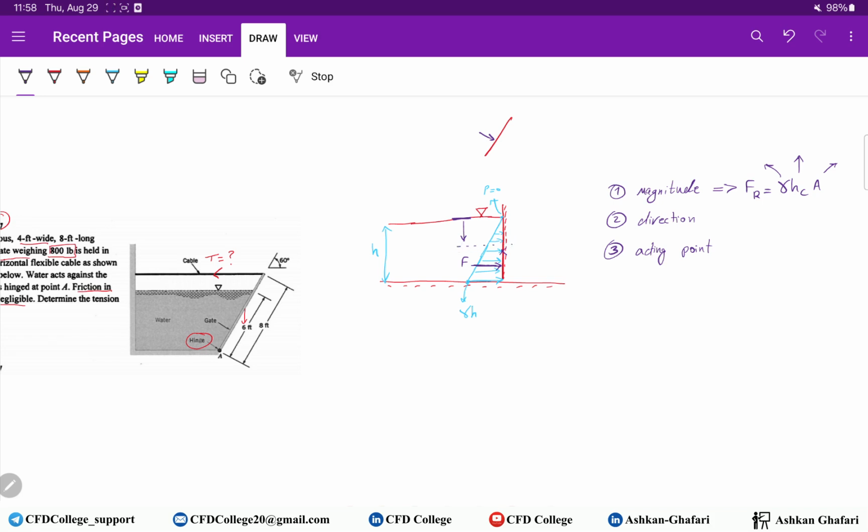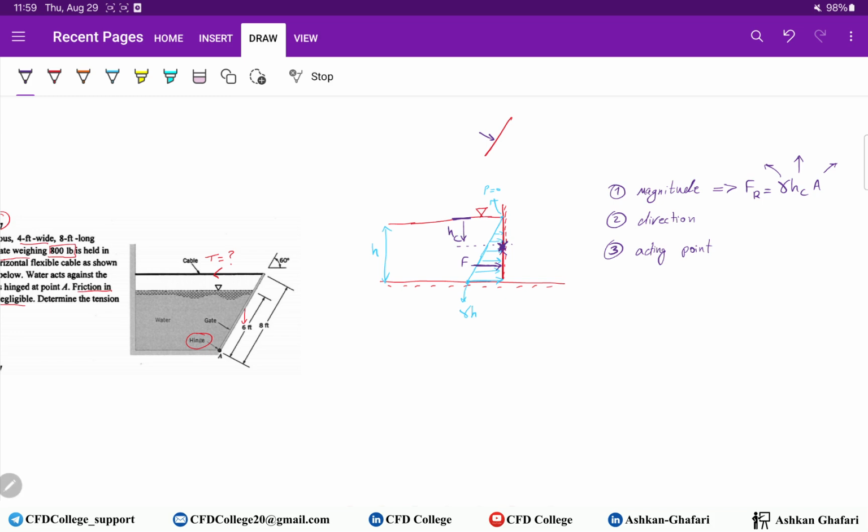So it depends on the gate shape. Here we have a rectangular gate, and we know the center of gravity is here, the centroid of the gate. So this is h_C, and h_C is a vertical distance.